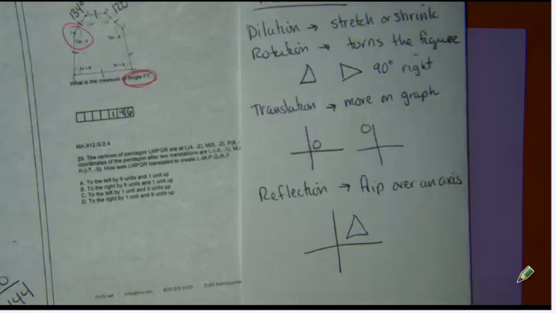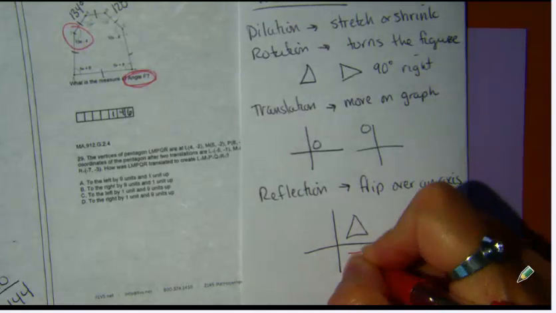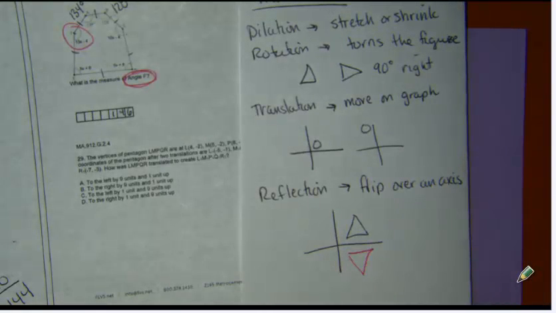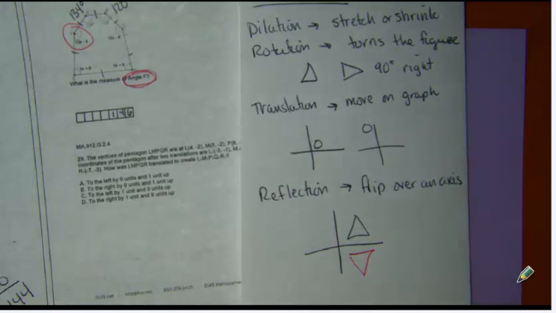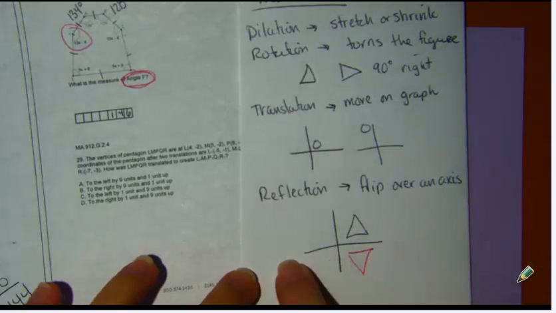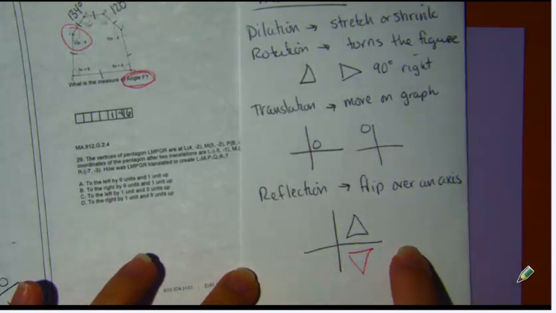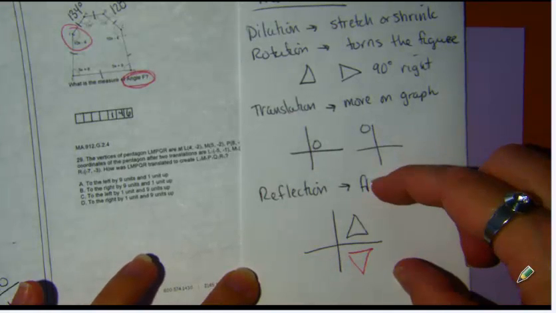Flip over an axis, and I could reflect it over the x-axis. And so it's like a reflection. You know how when you look in the mirror, you're backwards, or if you try to read in a mirror, it's backwards. It's like that. So when you flip over, like this line would be the mirror. And so you have the reflection.